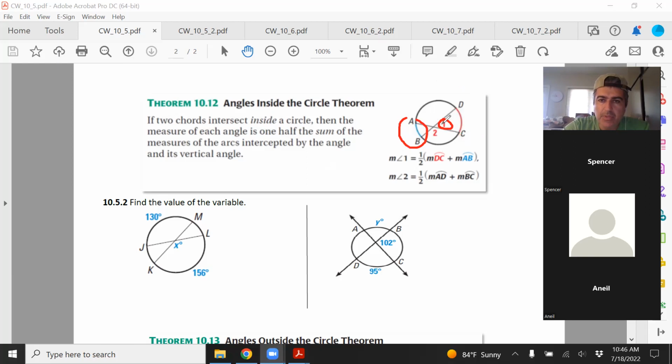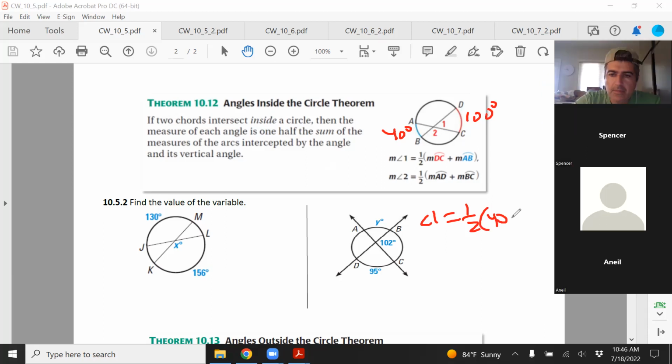So for example, if arc DC is 100 degrees and arc AB is 40 degrees, then angle 1 would be half of their sum, or half of 140, which is 70.